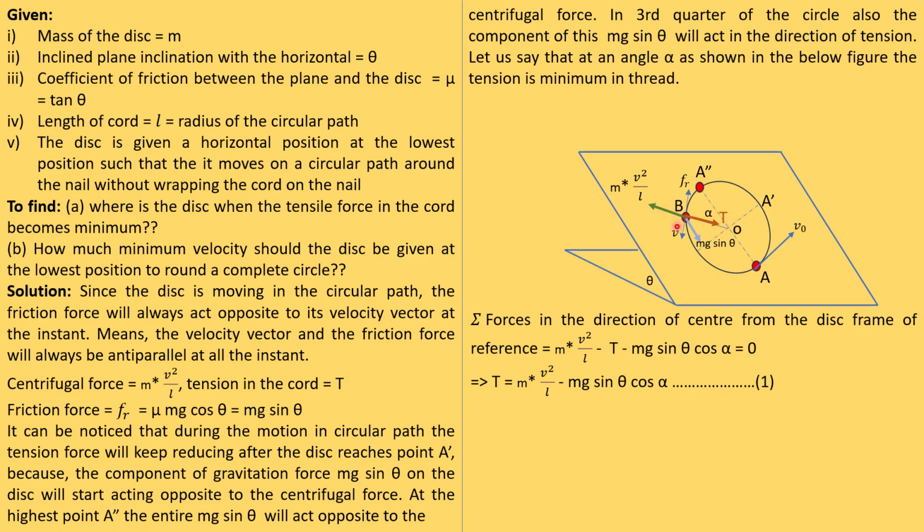Or rather, it is better to say that since we are sitting on the disk, we cannot observe any acceleration of the disk. So it can be written as 0. So T will be mv square by L minus mg sine theta into cos alpha. This we can call equation 1.